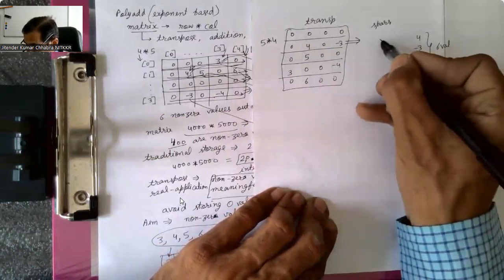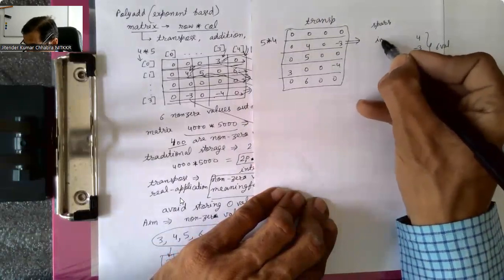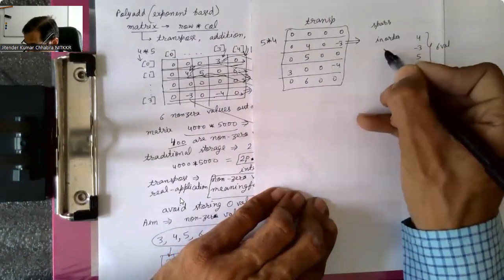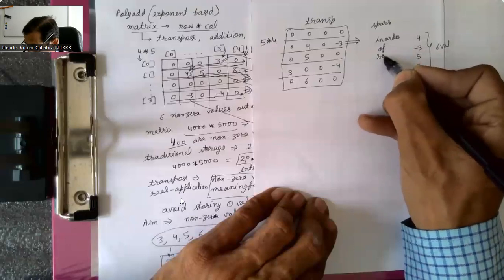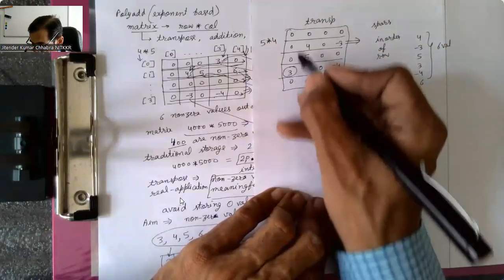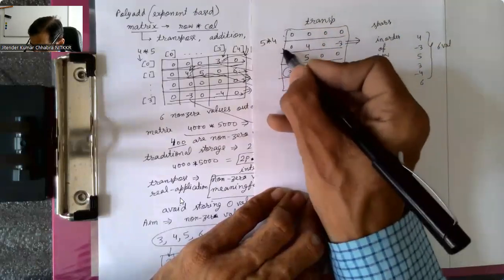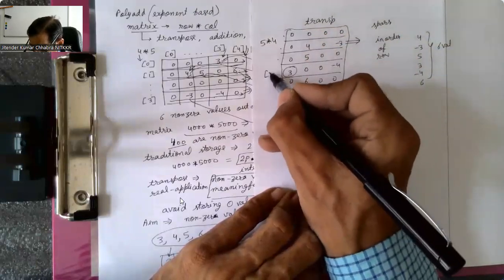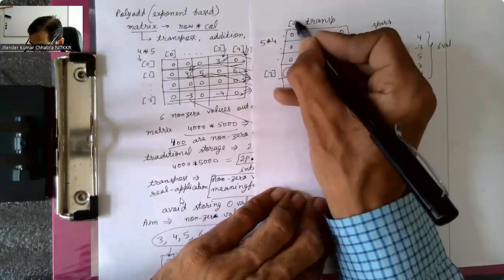And obviously, this must have been in order of row. Now, if you see carefully, value 3 is at row 3, column 0.